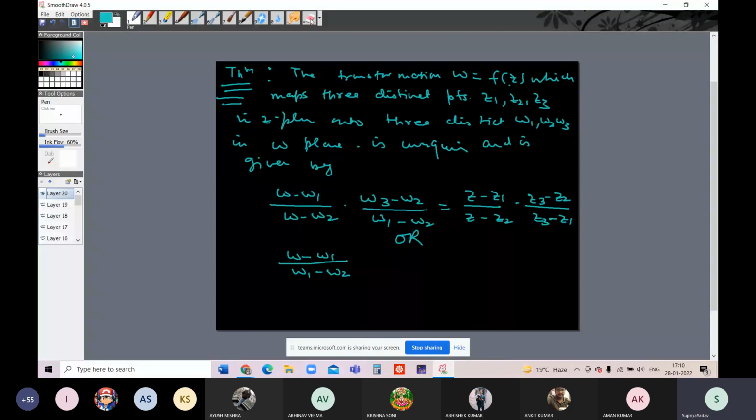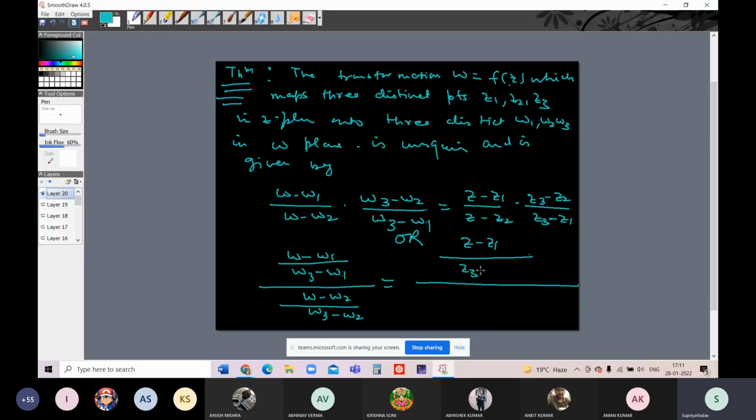Sorry, I made a mistake here. This will be W3 minus W1 divided by W minus W2, whole divided by W3 minus W2, or Z minus Z1, Z3 minus Z1, Z minus Z2, Z3 minus Z2.